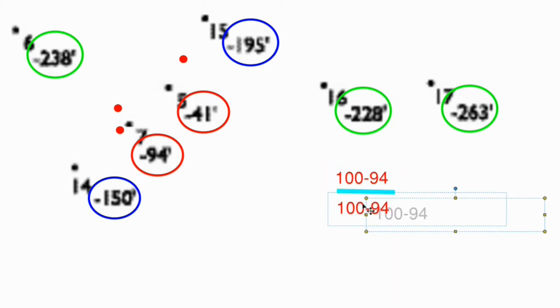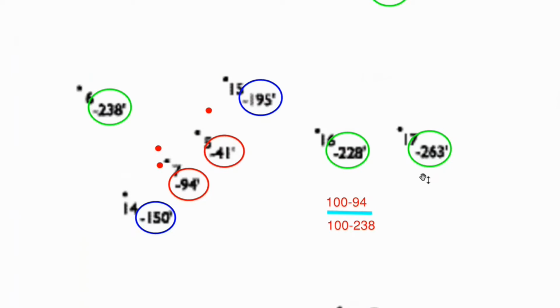So just to kind of draw it out here, what I'm doing. So you'd have 100 minus 94 over 100 minus 238 would be 6 divided by 100 minus 238 times 100.